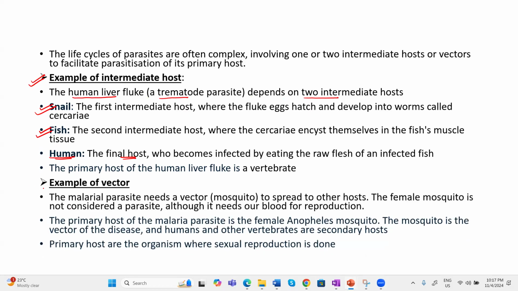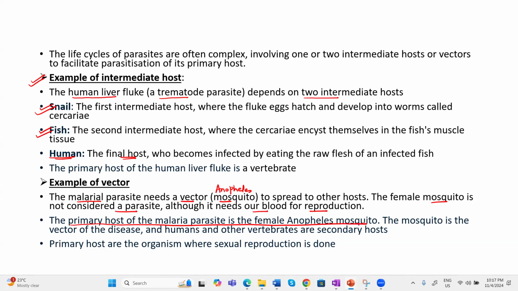Example of vector: the malarial parasite needs a vector, that is mosquito. And for malaria, which mosquito? Female Anopheles. To spread the disease, a female mosquito is not considered a parasite, although it requires our blood for reproduction. Now, the primary host of the malaria parasite is the female Anopheles.